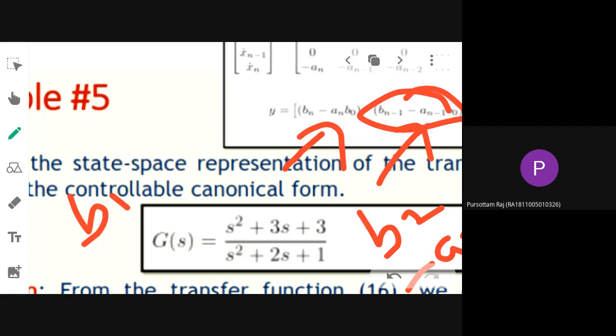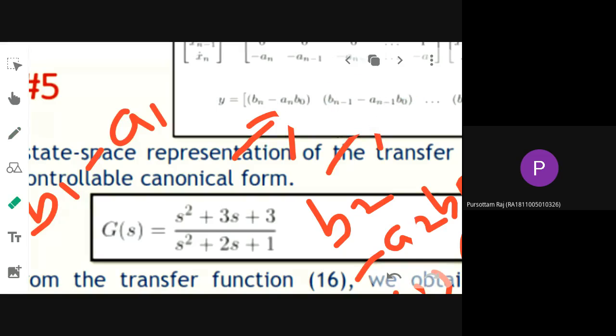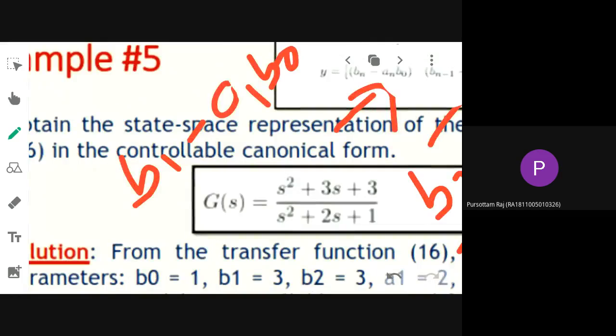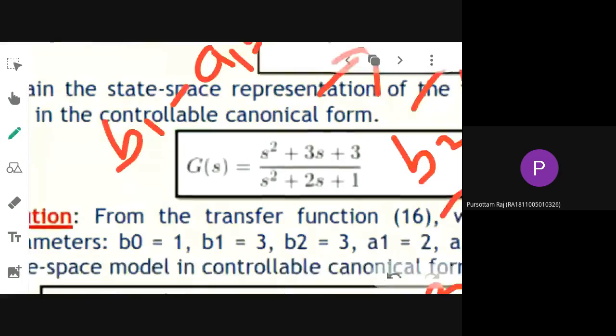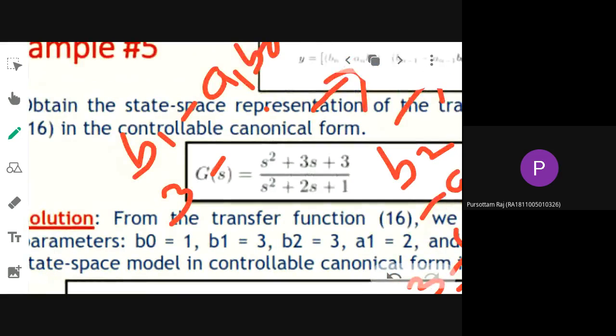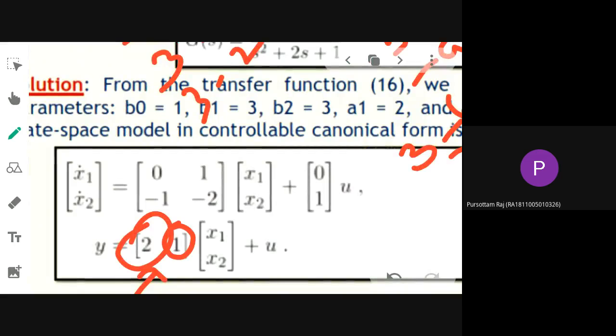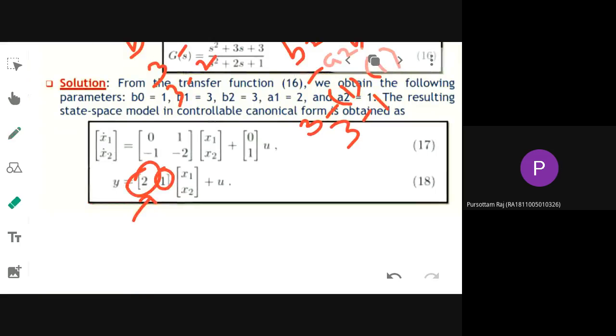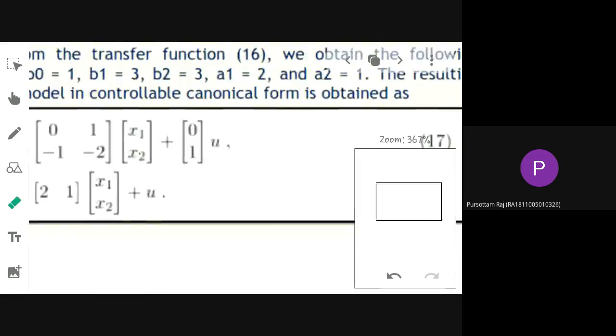So Bn minus 1 is B1 minus An minus 1 is A1 into B naught. So substitute all these values in this equation. So B1 is your 3 minus A1 is your 2 and B naught is your 1. So 3 minus 2 is 1. So that you are going to substitute as the second element. So this is what is called as what type of canonical state model?